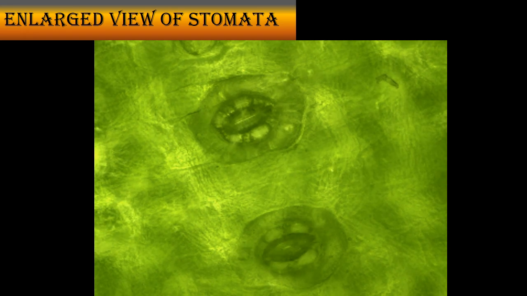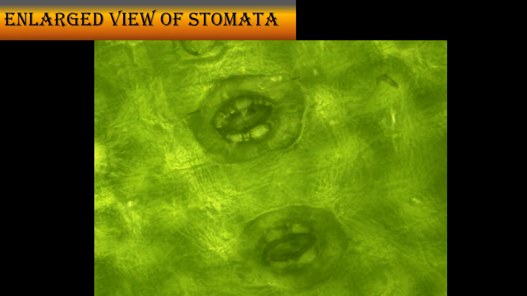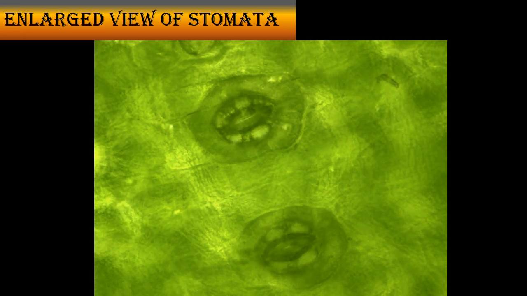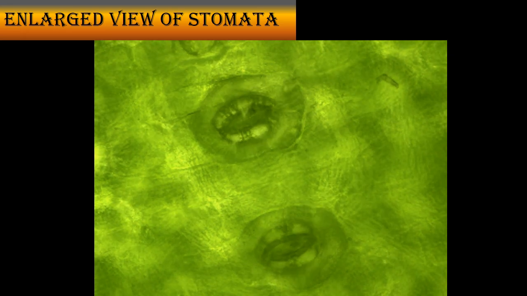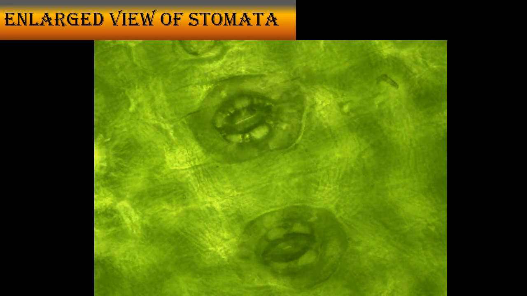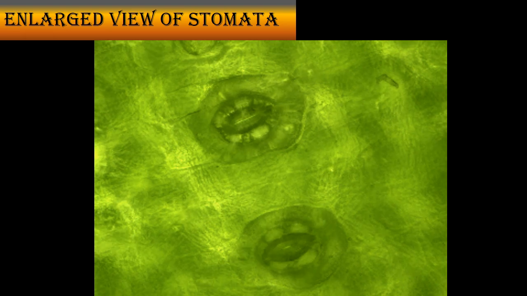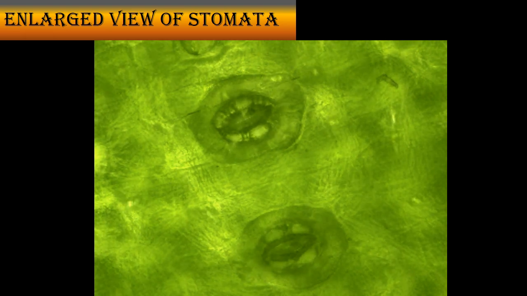So here is another enlarged view of stomata in which you can see the opening and closing of the pore. This is showing the opening and closing of the stomata.